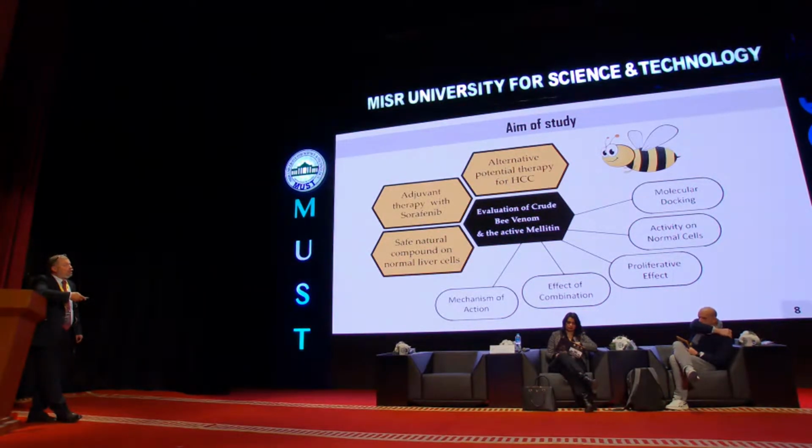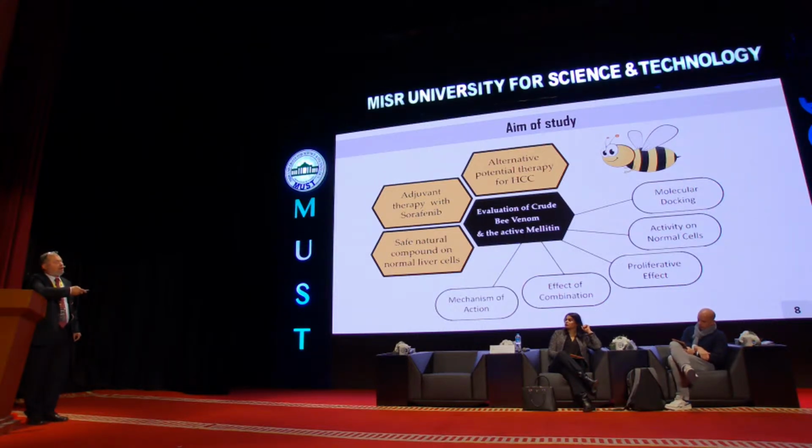The aim of my work is to study the potential use of either the crude venom, bee venom, or its active melittin, either singly or in combination with sorafenib to treat cancer, in a trial to avoid the very harsh side effects of sorafenib.